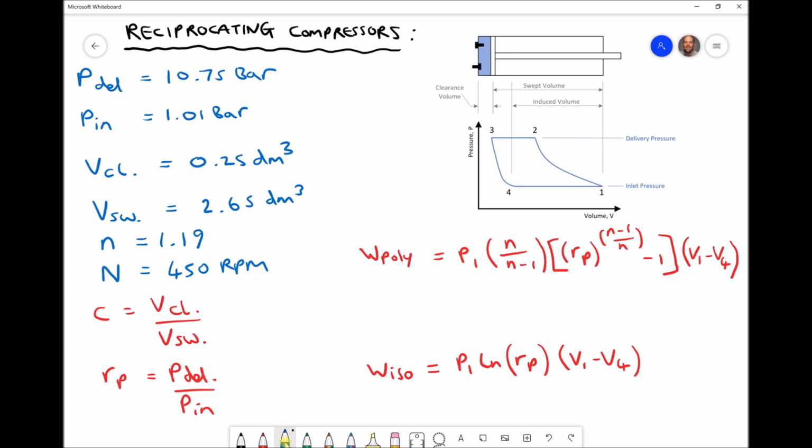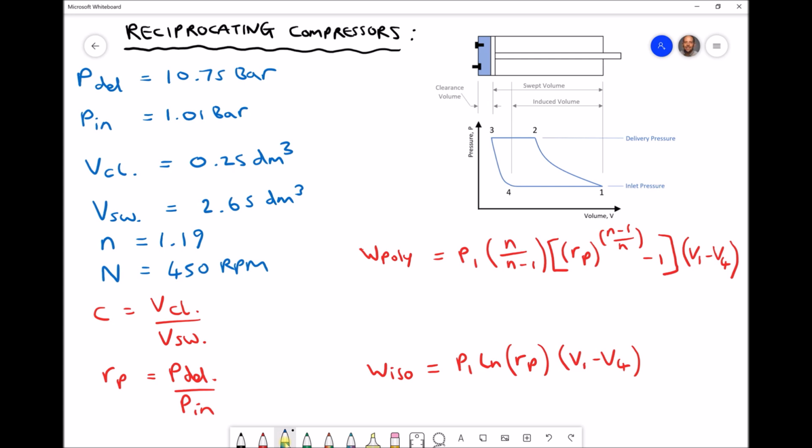I've also noted some information about the cylinder itself. First of all, I've noted that we have a clearance volume of 0.25 decimeters cubed. Now there's 10 decimeters in every metre, so as we go through this tutorial we're going to need to convert that into meters cubed. But quite often for compressors we do have volumes specified in decimeters cubed because they tend to be cleaner, more manageable numbers.